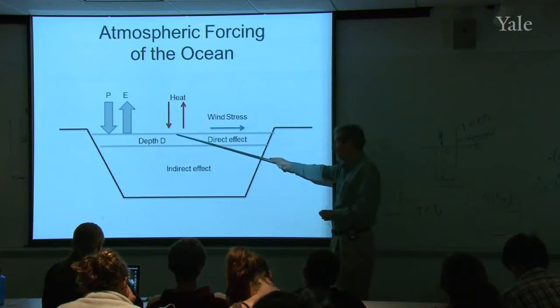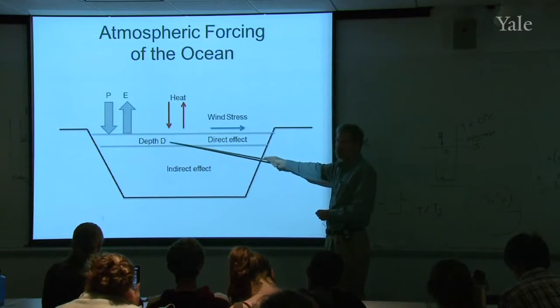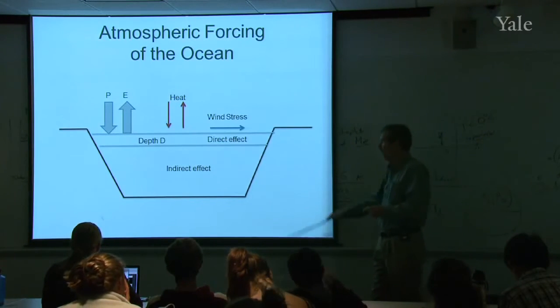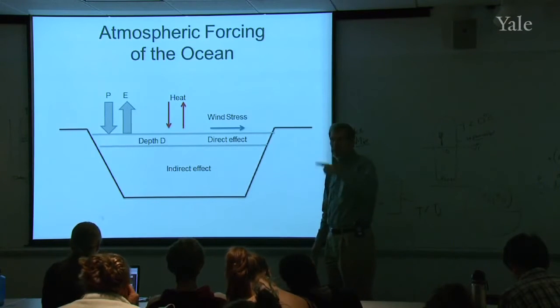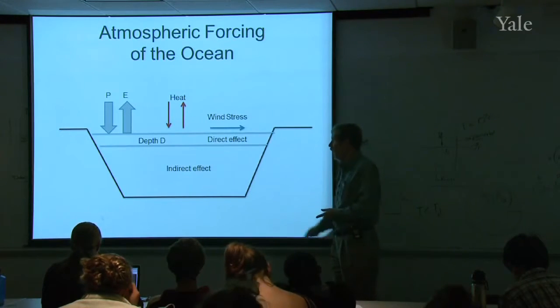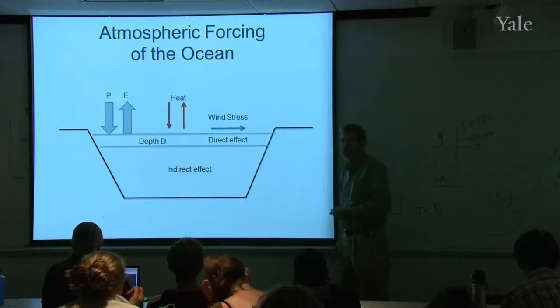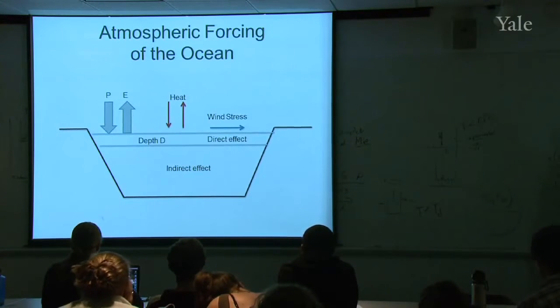But it's something very small compared to the total ocean depth. It may be only a few tens of meters if the winds are weak and there's not much turbulence. It could be 100 meters or 200 meters if the winds are very strong and you're mixing the ocean very vigorously. So I can't give you a fixed value for D. It'll depend on conditions. Good questions there.